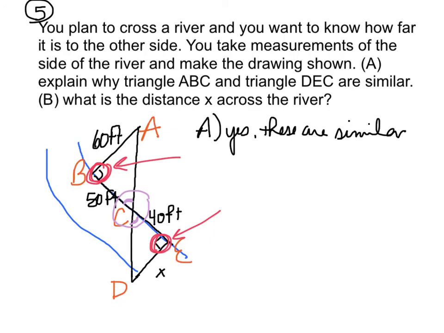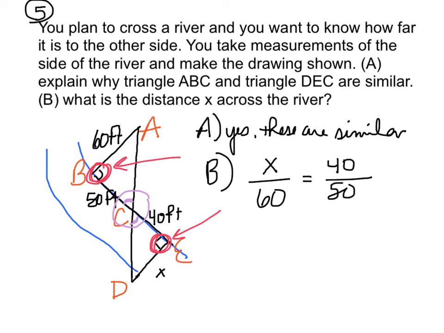Part B asks us to find the distance across the river. Well, the distance is x, so now we just have to write our proportion. So we could write x over what side does x correspond to? It corresponds to 60, equals, go back to your smaller triangle, 40 over 50.